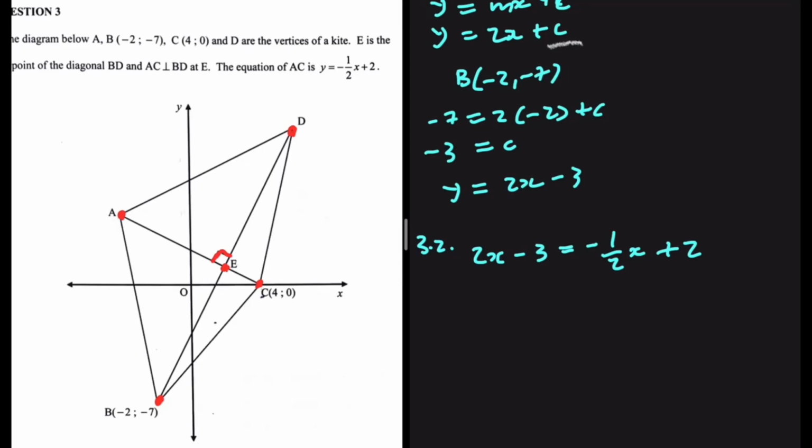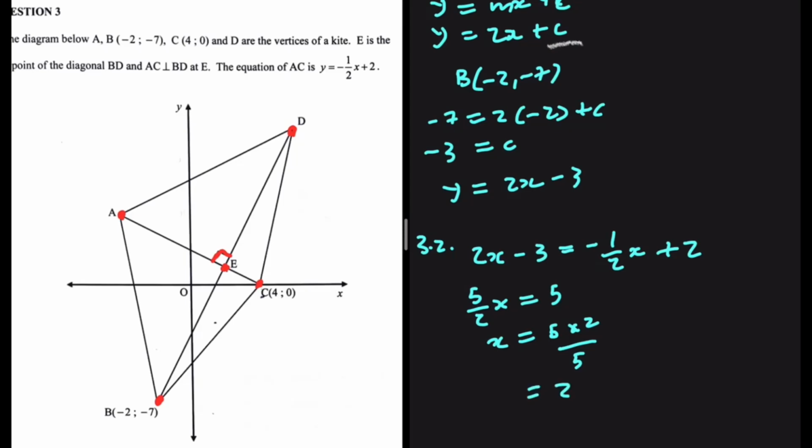So minus 1 divided by 2x, if we take that to the left-hand side, we're going to have 5 divided by 2x being equal to, minus 3 to the right-hand side, we have 2 plus 3. So this is equal to 5. So x is equal to 5 multiplied by 2 divided by 5. x is equal to 2.